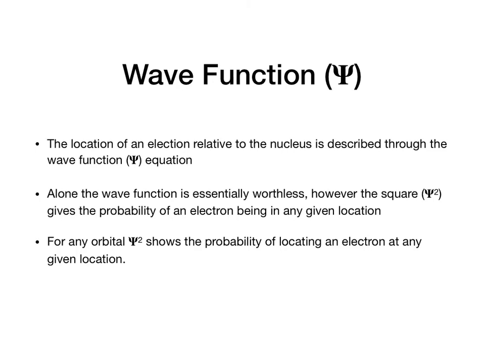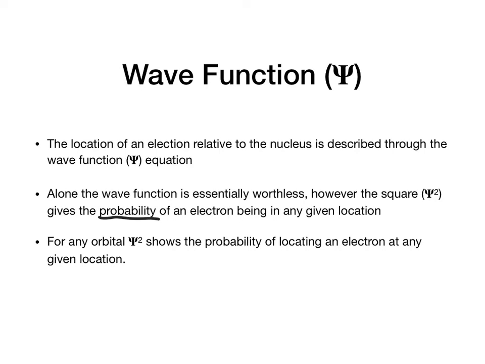So a wave function, or psi, tells us about where the electron is relative to the nucleus. Alone, the wave function is worthless. It doesn't tell us a whole lot. But if we square the wave function, it gives us the probability. What is the likelihood of it being in any given location?